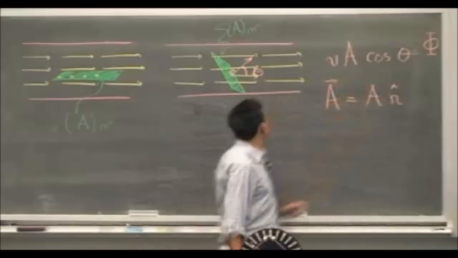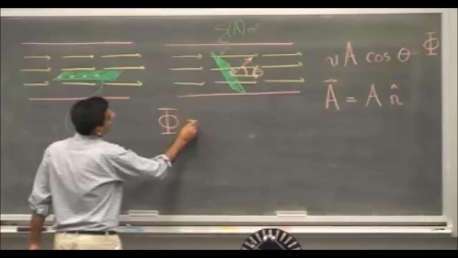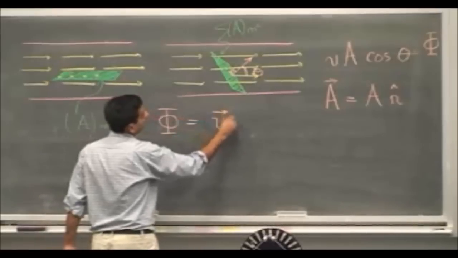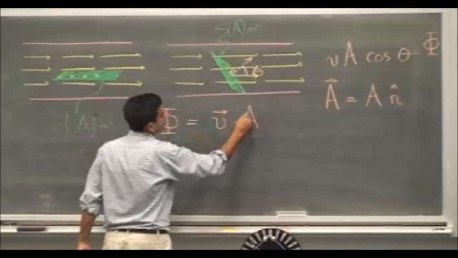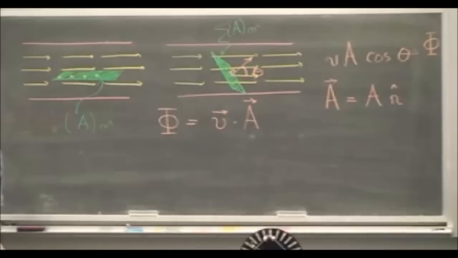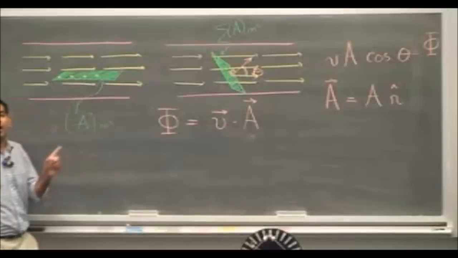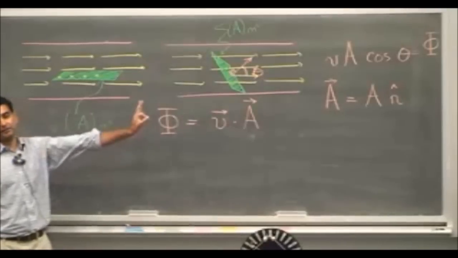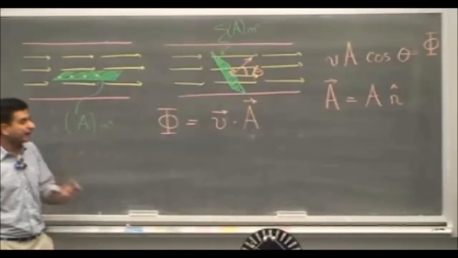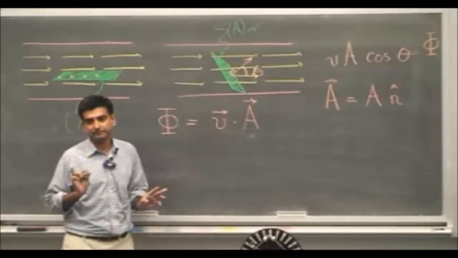So this quantity, the flux, comes out as V dotted with A. Alright. So this is the definition of the flux of any vector field passing through an area vector A.